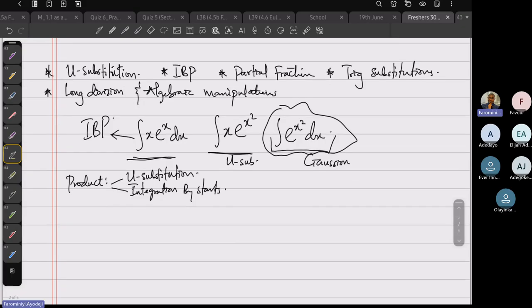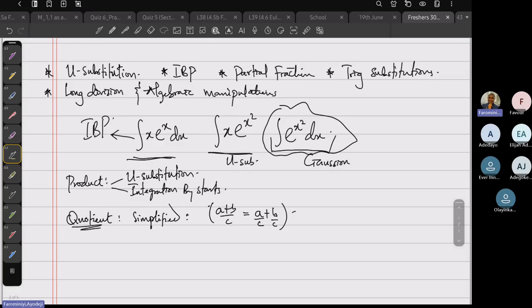So when you see a product, these are the two things that should come to your mind. When you see a quotient, again, first thing is to see whether it can be simplified. So when I say simplify, I mean something like, if you have a plus b over c, can you split it up into a over c plus b over c, or things like that?